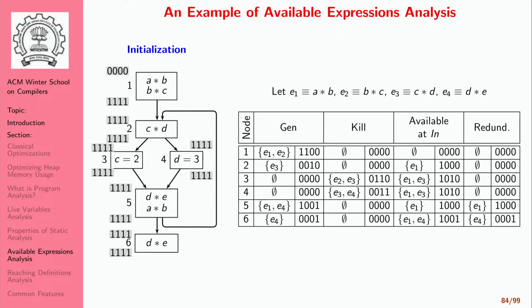So these are the values that have changed. Please compare whether you're getting the same thing. This is the result of the first iteration. Anyone getting something different?